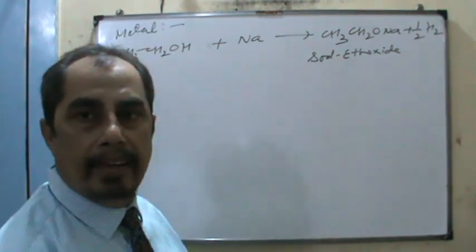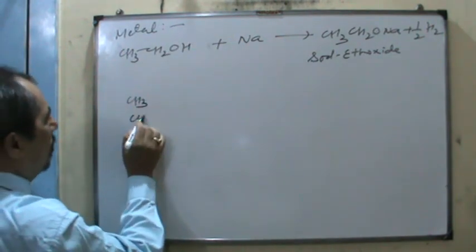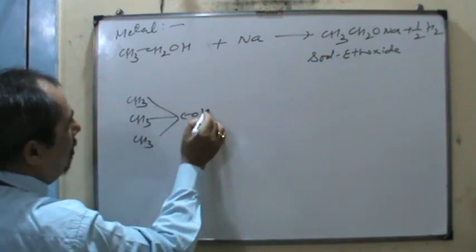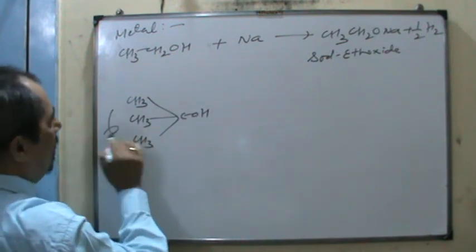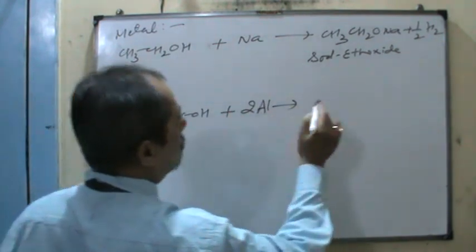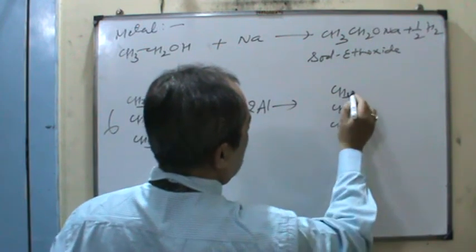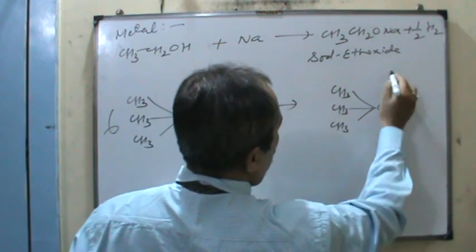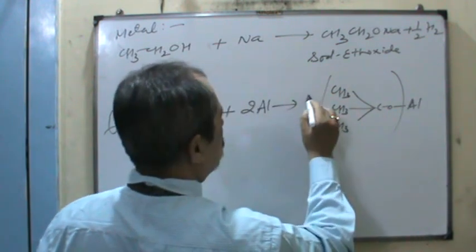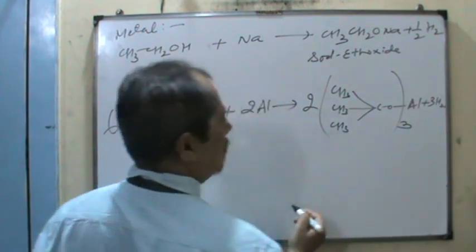Okay, right? Next, you take tertiary alcohol, (CH3)3COH, 6 times plus 2Al. It forms [(CH3)3CO]3Al, this is the aluminum, plus 3 times hydrogen gas.